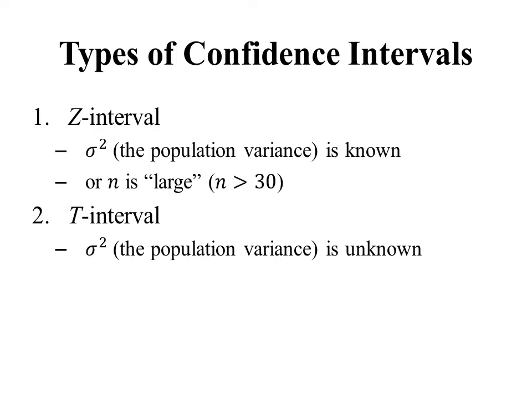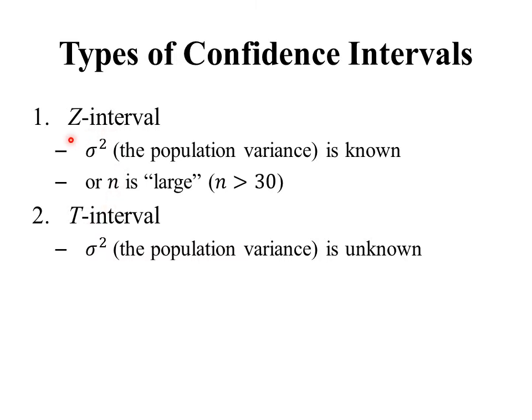The main difference between these two types of intervals, the z and the t interval, is where the critical value comes from. In a z interval, the critical value comes from the normal distribution. In a t interval, the critical value comes from a student t distribution.